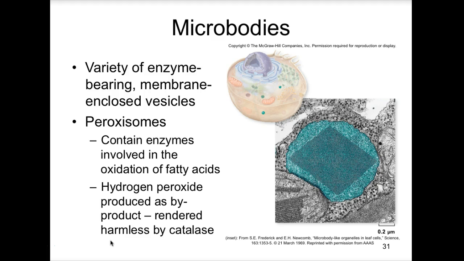These would have enzymes that are involved with the oxidation of fatty acids. So, a variety of enzyme-bearing membrane-bound vesicles. They contain enzymes involved in the oxidation of fats. They also have catalase, which is an enzyme that will break down a poison to our cells called hydrogen peroxide, H2O2, into water and oxygen gas.